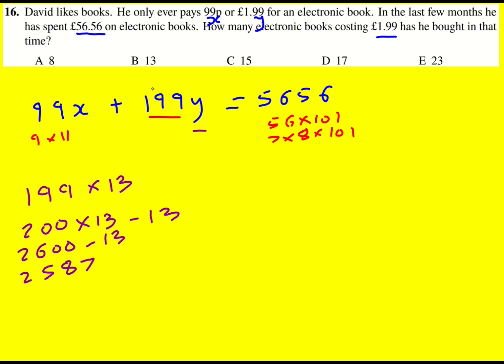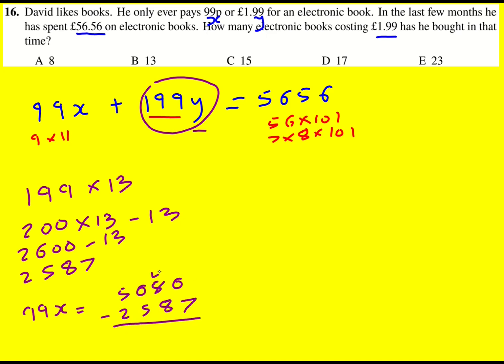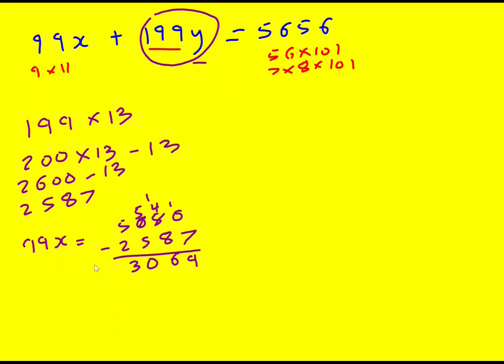2587 for this here. So then 99x would be 5656 minus 2587. Do a little subtraction: 3069. And then I can do 3069 divided by 99.